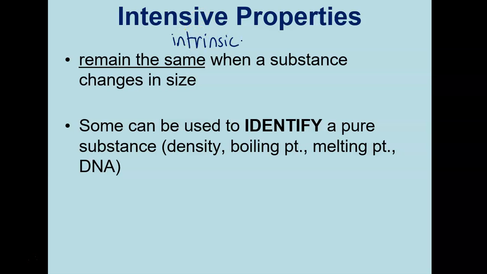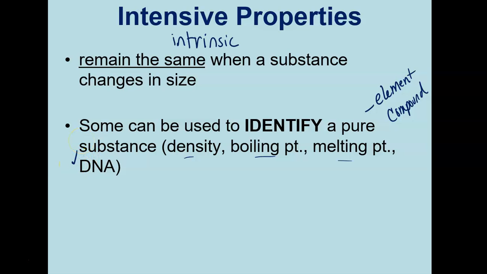Intrinsic properties. So some of them, not all, can be used to identify a pure substance. And a pure substance would be either an element or a compound. And some of those would be density, boiling point, melting point, and of course what you remember from biology, DNA.